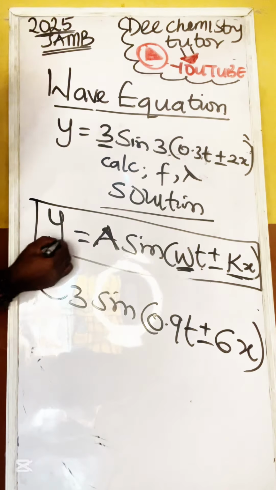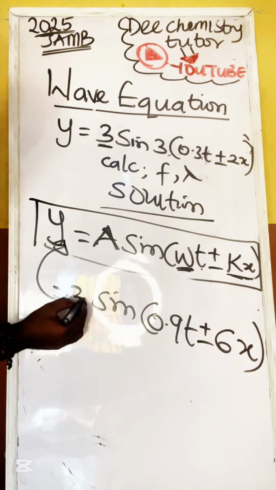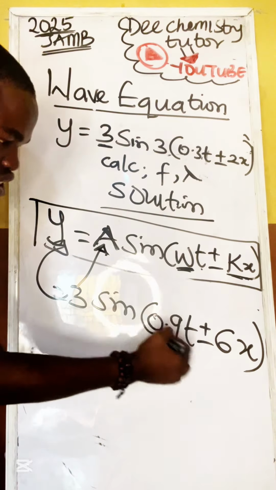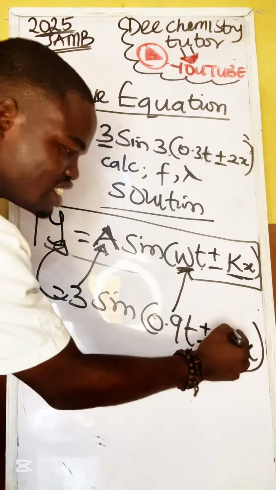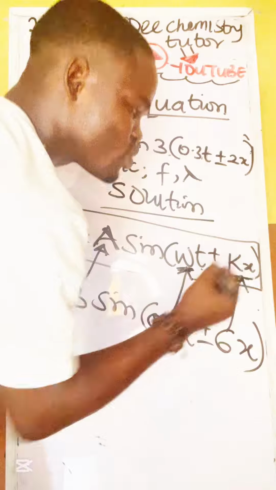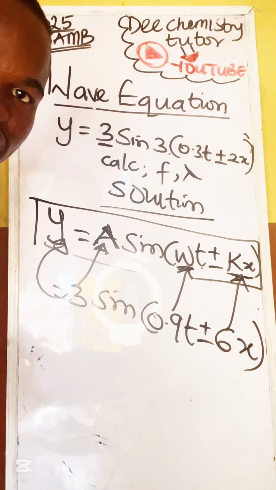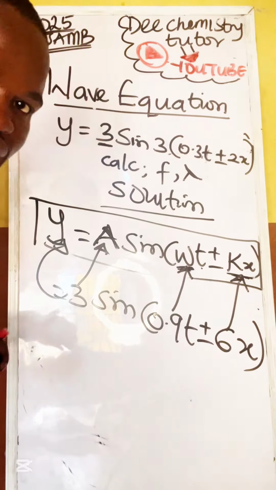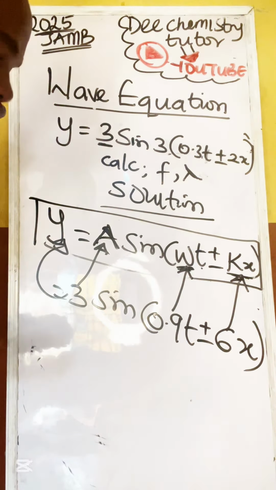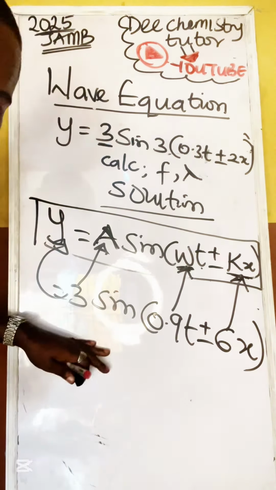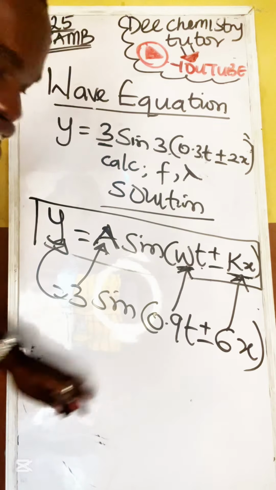It now looks like this. I can now say A equals this, 0.9t equals this, then 6x equals kx. Can you see now? 6x equals kx. This is the equation now. I've already helped you get it to this level.